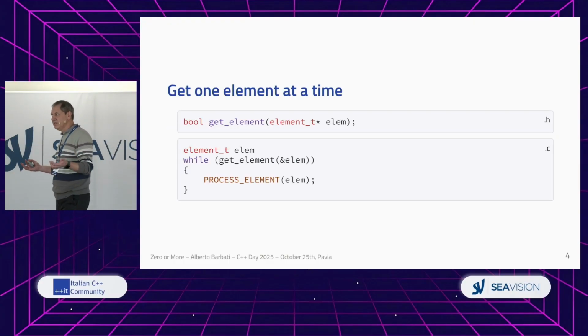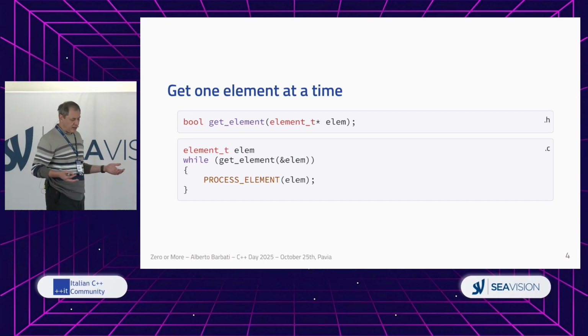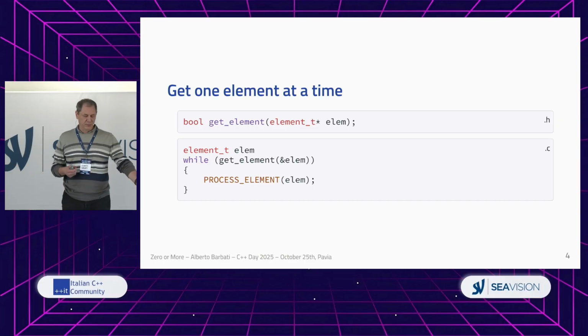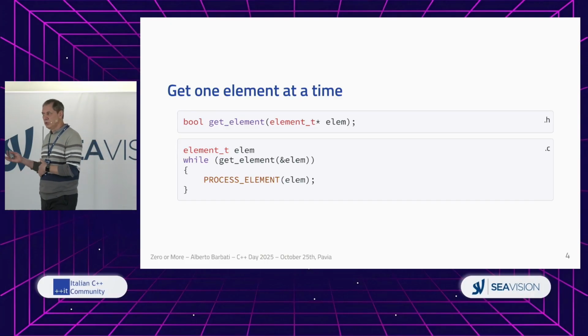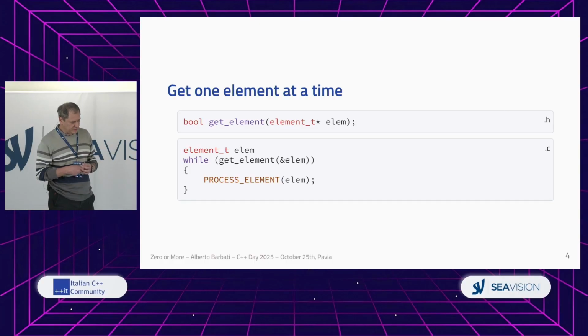Well, the easy one is get one element at a time. You have this function, get_element, that returns an element. And you usually return the element by reference. Since C doesn't have references, you use a pointer, so you pass the argument by address.